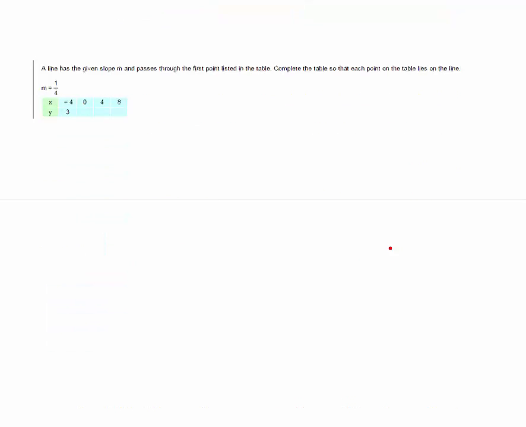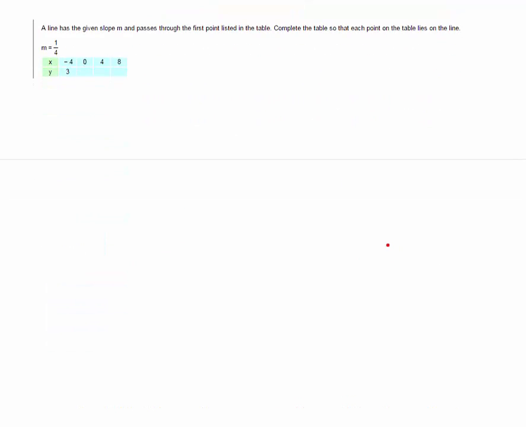Let's do another one with a table with a little bit different information. This time you're given the table and you're told the slope, and you're only given one x, y point filled in. They want you to find the rest of the points. Remember, slope is change in y over change in x. Those little triangles mean change.